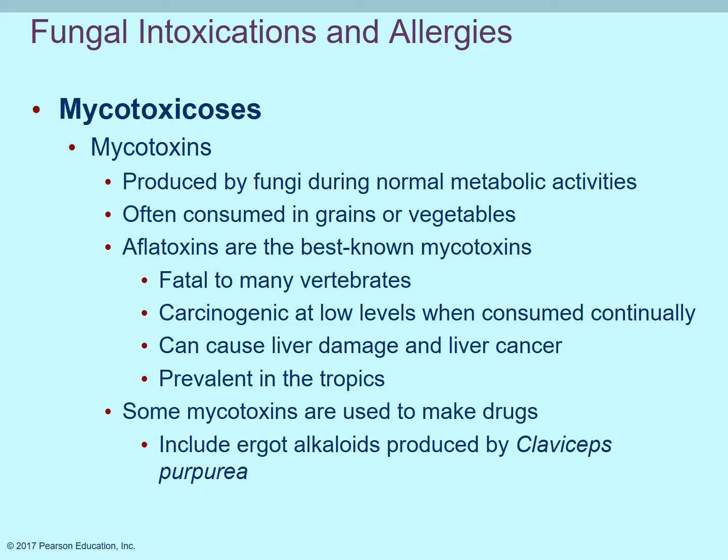Some fungi do produce toxins as a byproduct of their metabolic activities. It's of course not a toxin to the fungus, but when you consume something that it's on, such as a vegetable or a grain, then you tend to consume the toxin as well.